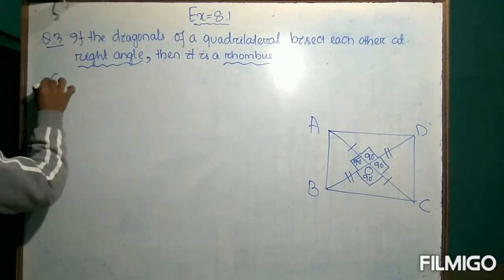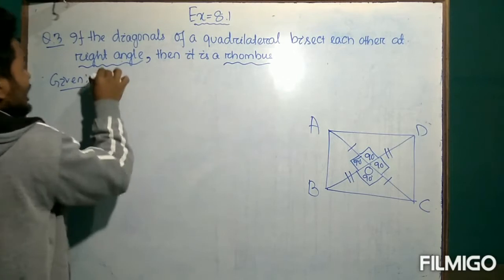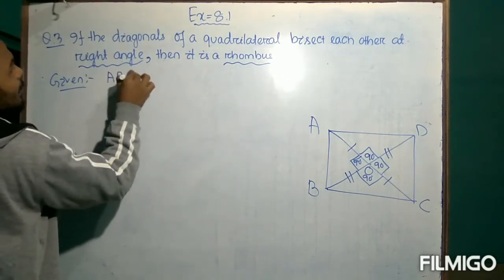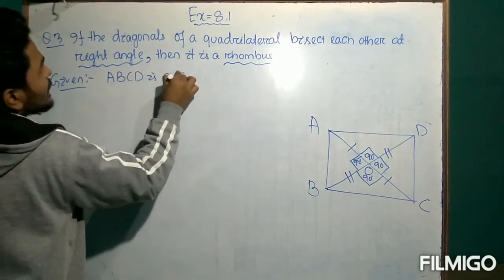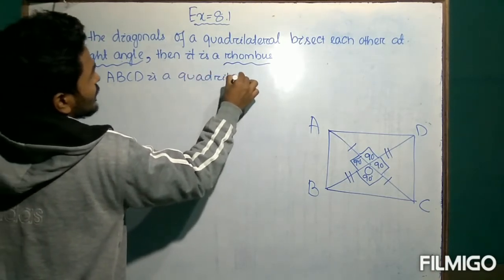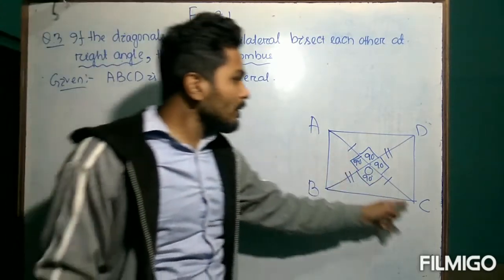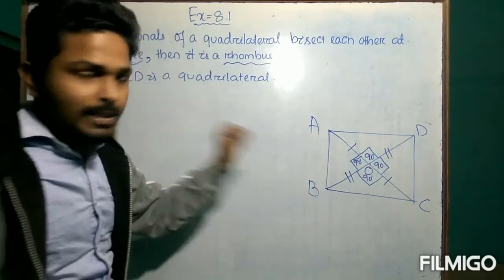Okay. So let us first write the statements that are given here. ABCD is a simple quadrilateral, in which it has two diagonals AC and BD and both bisect each other.